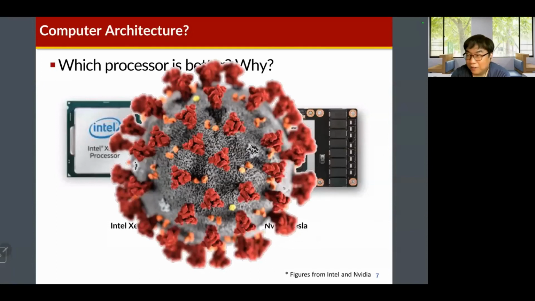Okay, so I'm still using this image as a COVID-19 virus image. Actually, we are passing through the pandemic situation. The situation is getting better recently. So I hope that next semester I can provide in-person lectures only.